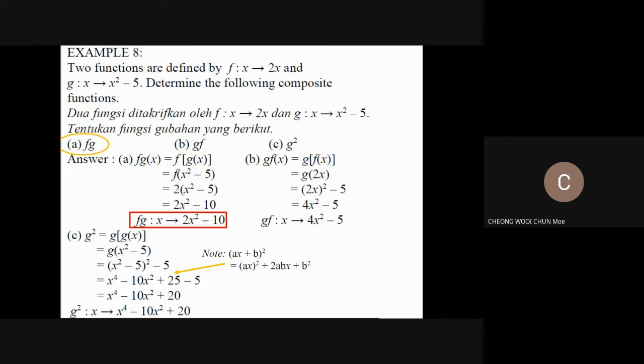Don't change to notation. Must follow the question. So from here, fg means fg(x). So you need to find fg(x). That means you put f, then you put big bracket g(x).